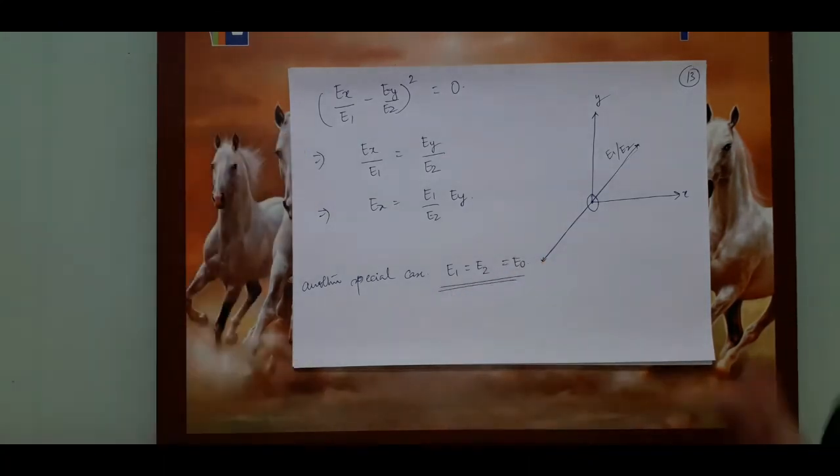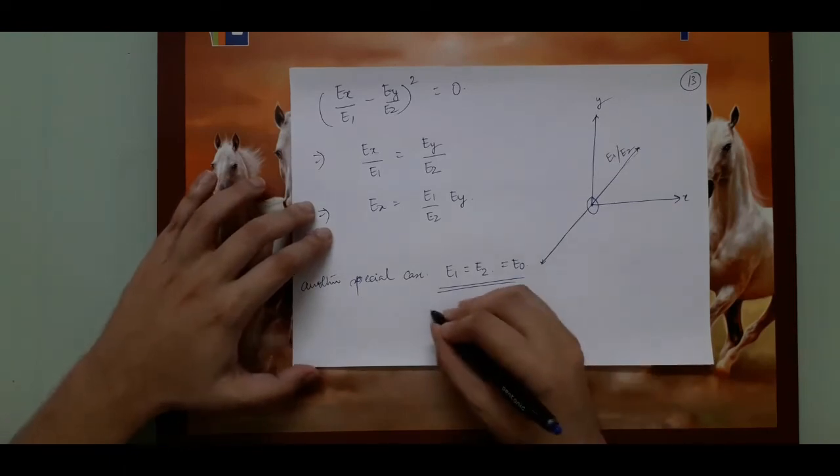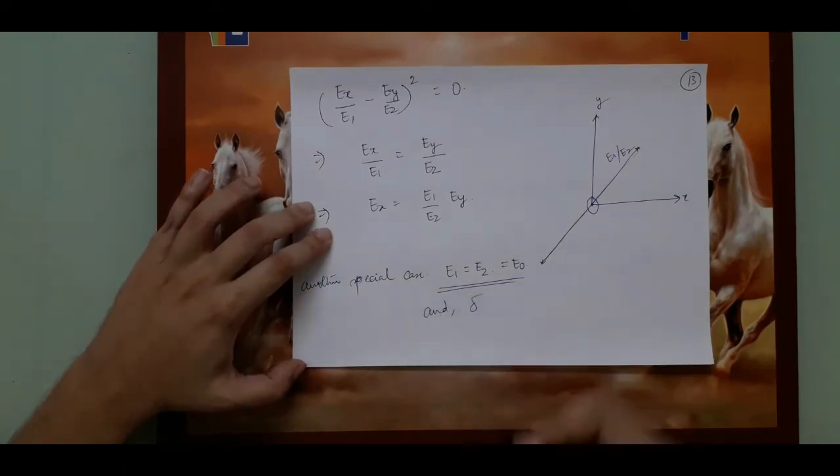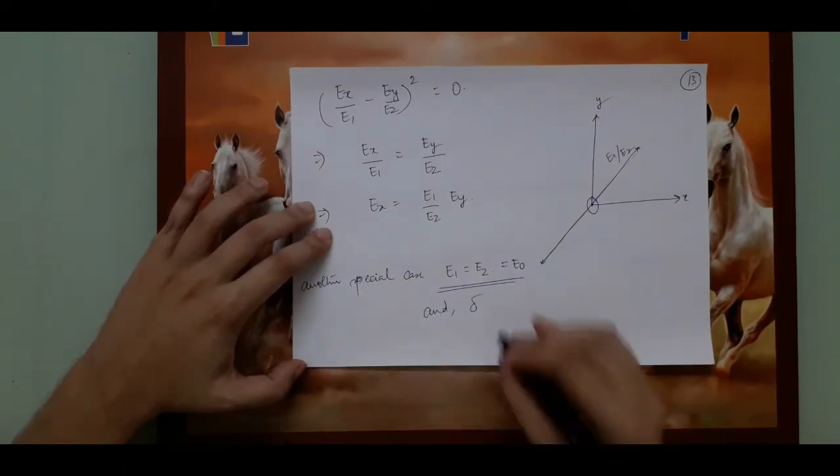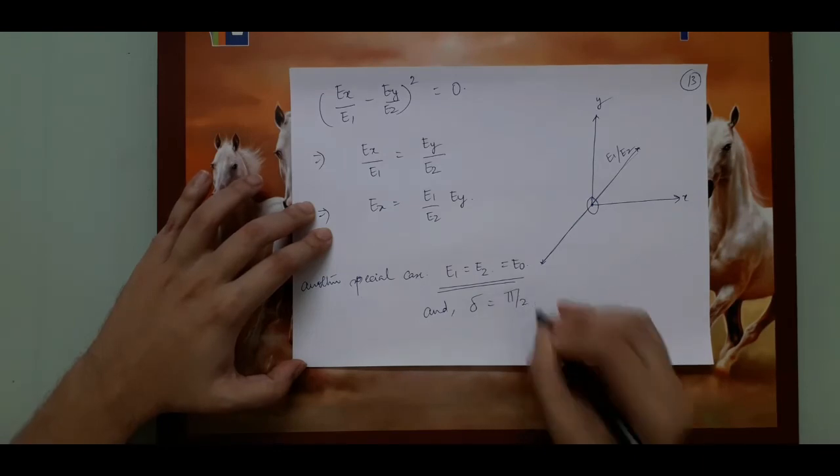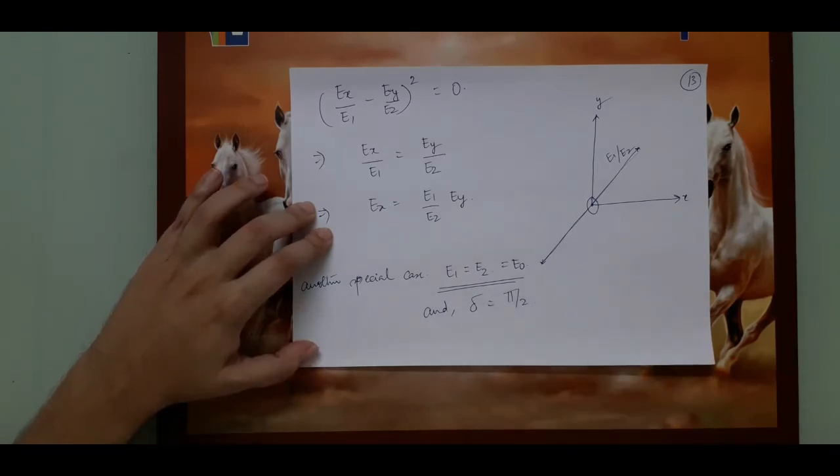That is, the magnitudes of the two projections are equal. And the phase difference between the two waves is pi by 2. Now, if you remember your basic electronics lab very well, you can see where I am going with this.